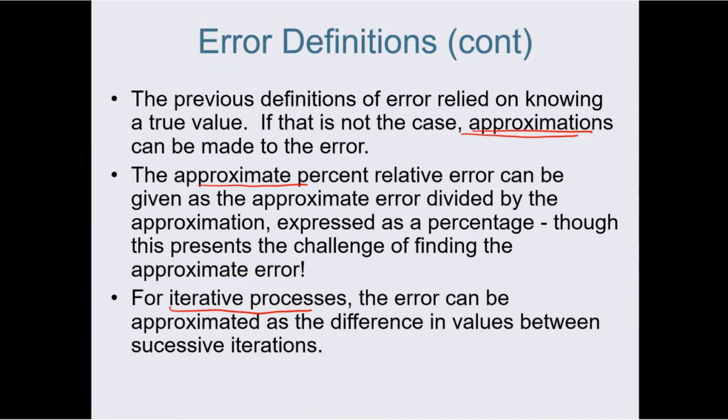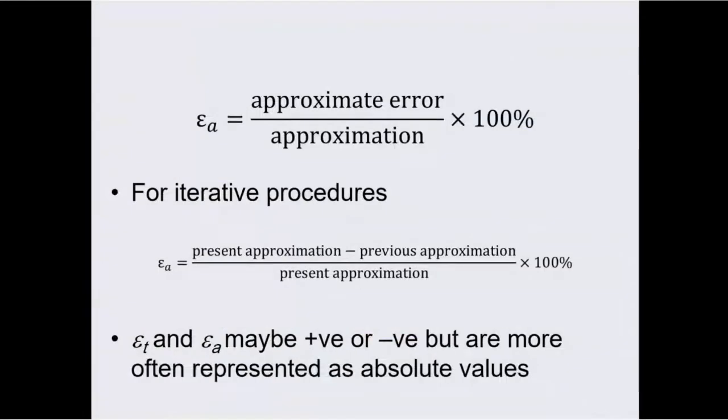These are called the iterative processes, where you keep repeating your trial and error procedures. So in these iterative processes, the error can be approximated as the difference in values between successive iterations. You found some value in iteration 1, you found another value in iteration 2. The difference between these two values can be used as an approximate to the error.